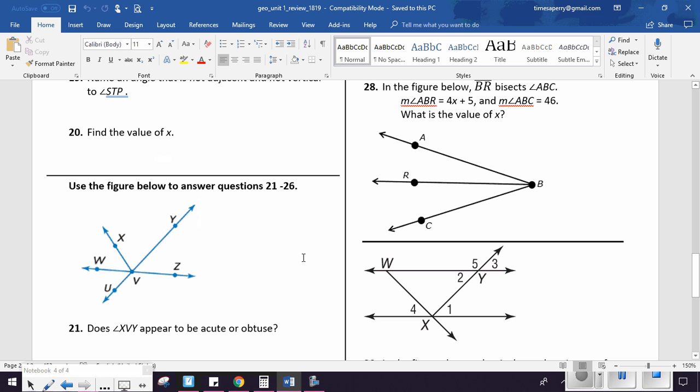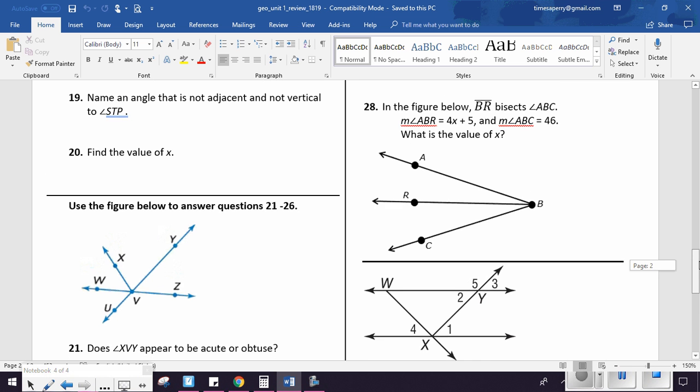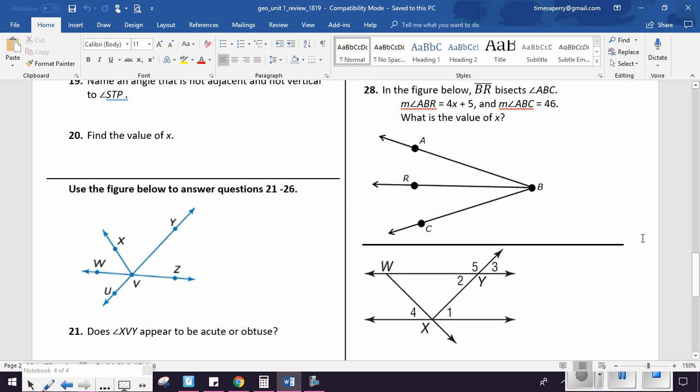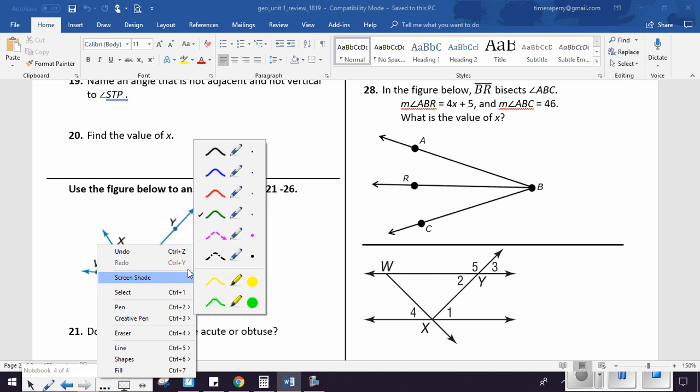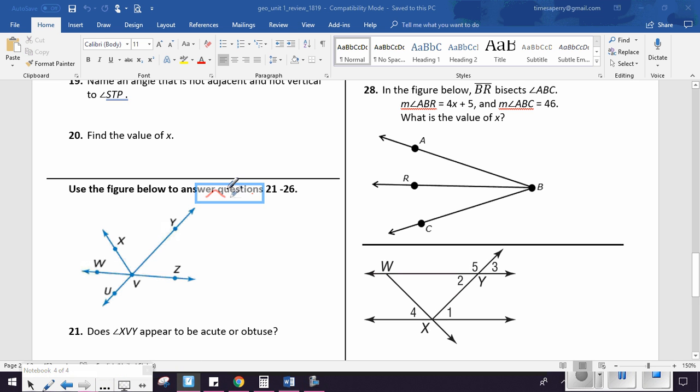Let's look at number 28. In the figure below, ray or segment BR bisects angle ABC. So there's that word bisect again. Bisect means cut in two equal parts.